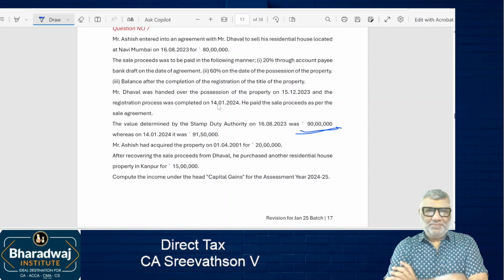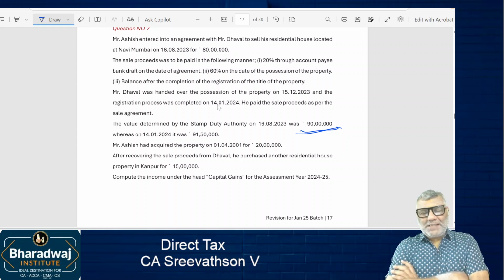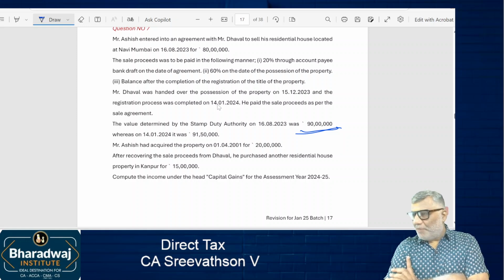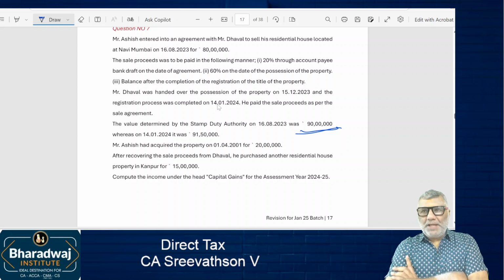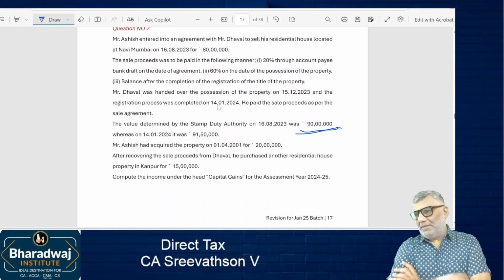Dividend. There is a cap on the expenditure you can claim. Only one type of expenditure you can claim. Loan taken for investment can only be claimed, and that too only to the extent maximum of 20% of dividend.